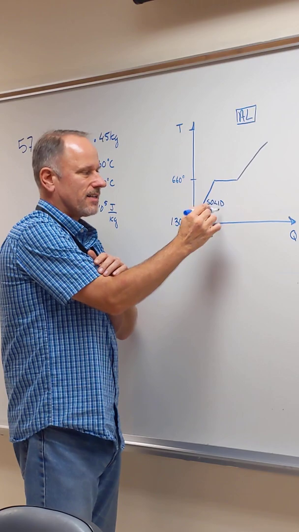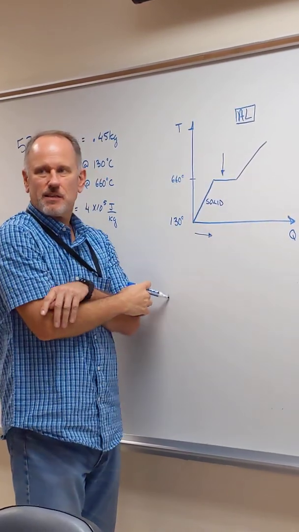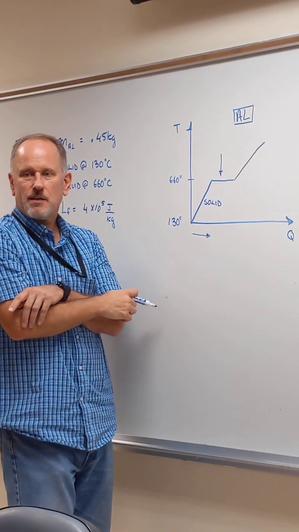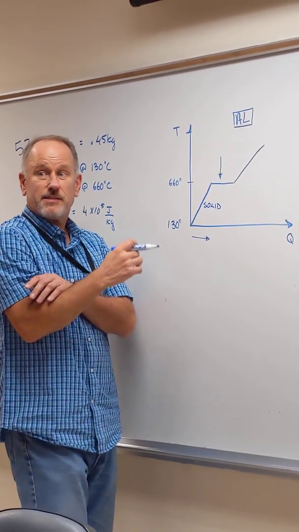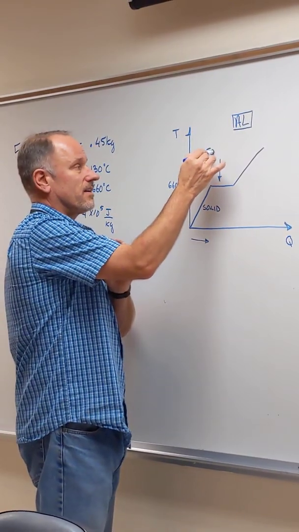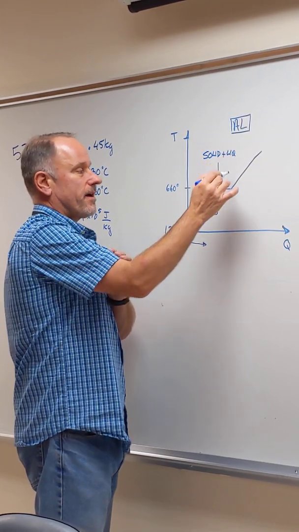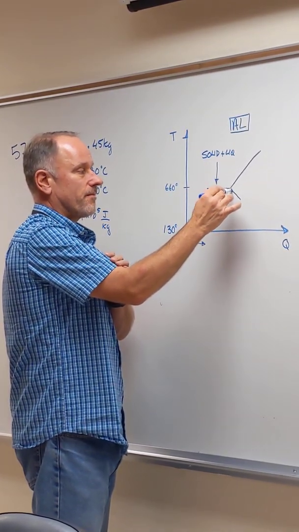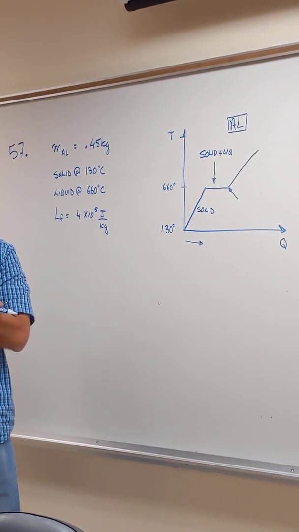This is all solid here. What do we have in this region? It's a little bit of both, like a slurry. It's solid plus liquid. And then how about right here? All liquid.